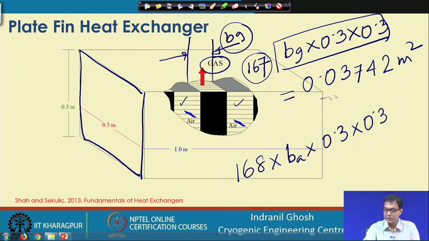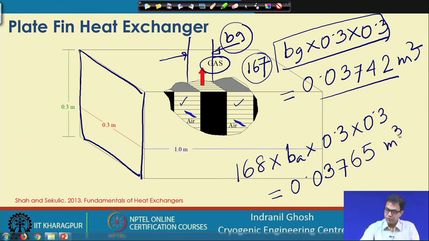So, it will be slightly higher than this volume. I am sorry, this is a volume, so it is meter cube. This number comes out as 0.03765 meter cube. So, this is the volume between the plates for the gas side, Vpg, and this is the volume between the plates for the air side, Vp of air.